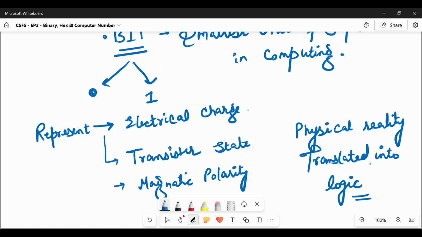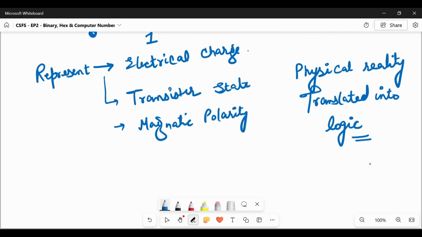We cannot read everything as hundreds of 0s and 1s. This would be very difficult to interpret, even for assembly level programmers. So to make it easy, we have bytes.